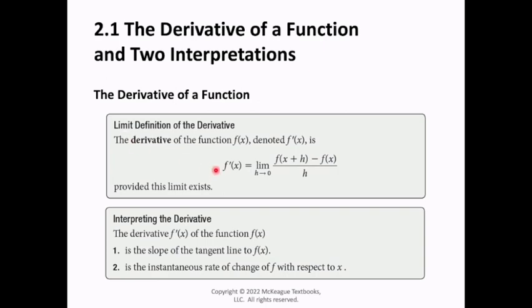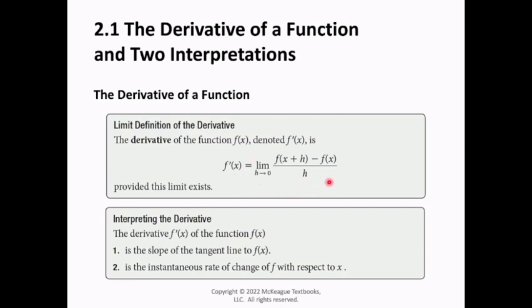In the previous section, we looked at this right here, which was the limit as h approaches 0 of the difference quotient. That is actually the derivative definition. This notation right here looks like the function f of x, but it has the little prime symbol there. That means the derivative of the function f.